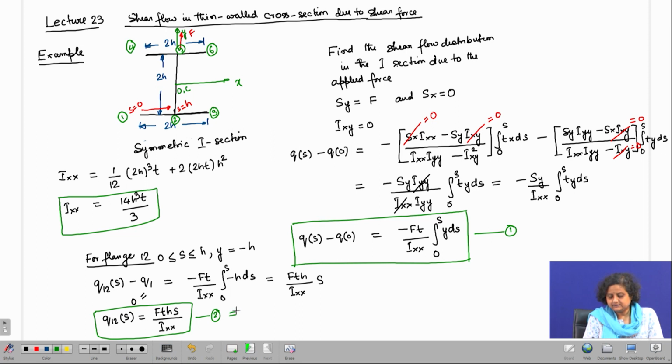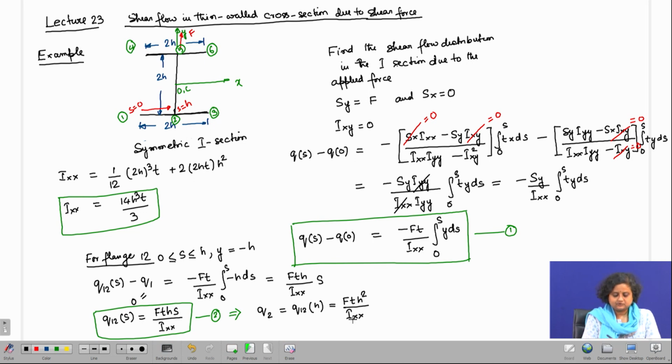Now, from this expression I can find out the value of q2 as q12 at s equal to h, and that is going to be F t h square by Ixx.